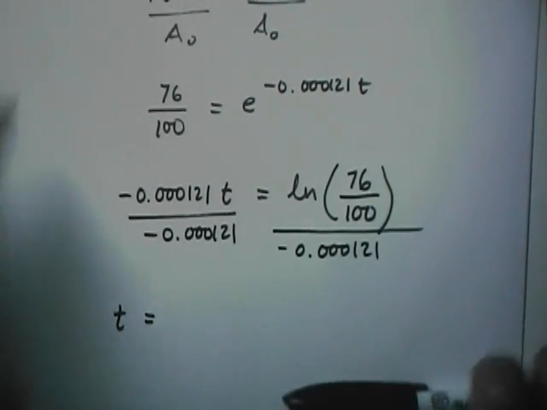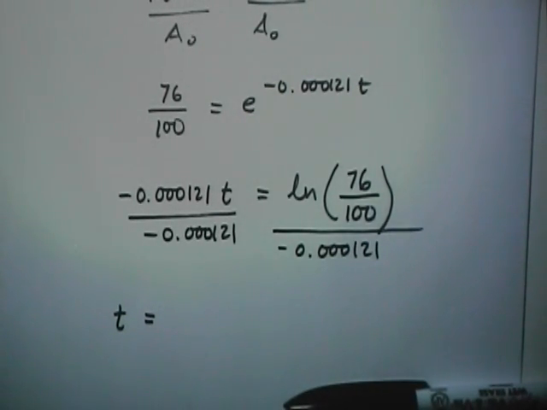According to my calculations, take 76 over 100, which is 0.76, take the natural log, and divide that by minus 0.000121.